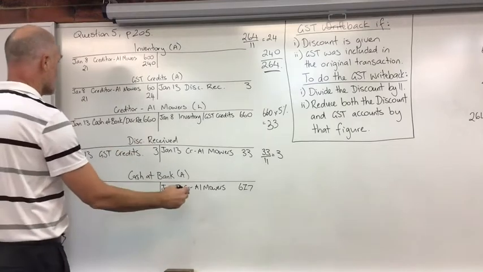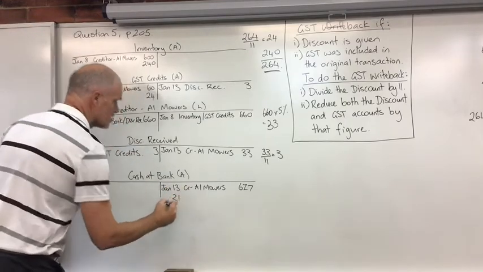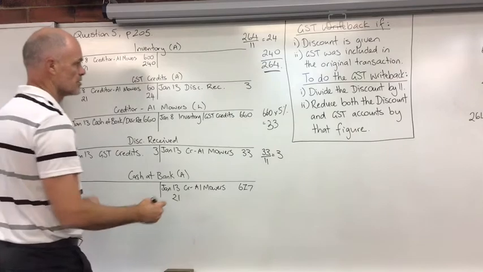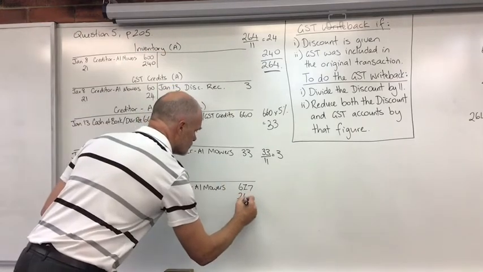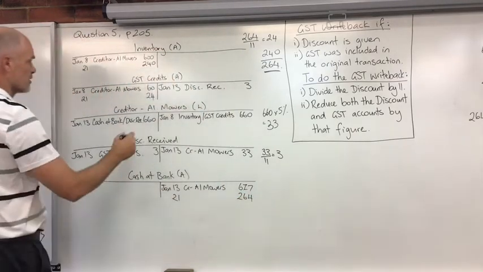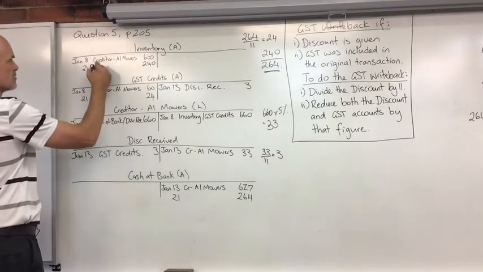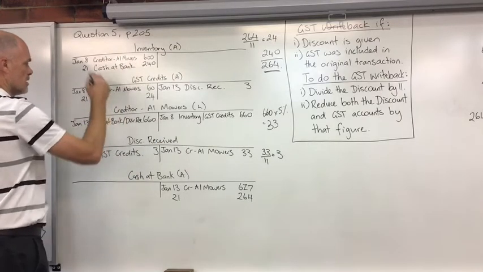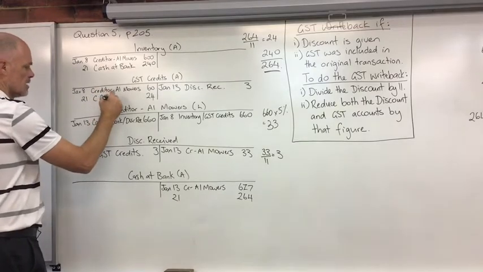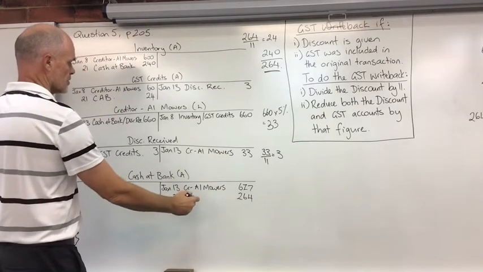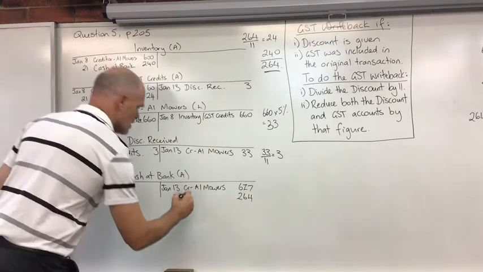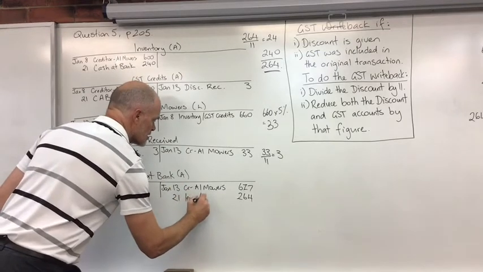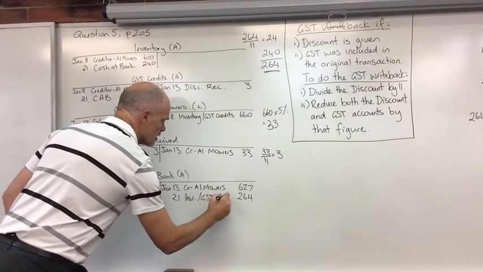So our cash at bank is going to decrease by the total of those two, the 264. And then we'd simply put in our cross references. So for this one, it was cash at bank. Same again. And this one here, the cross reference was both of those. Inventory / GST credits.